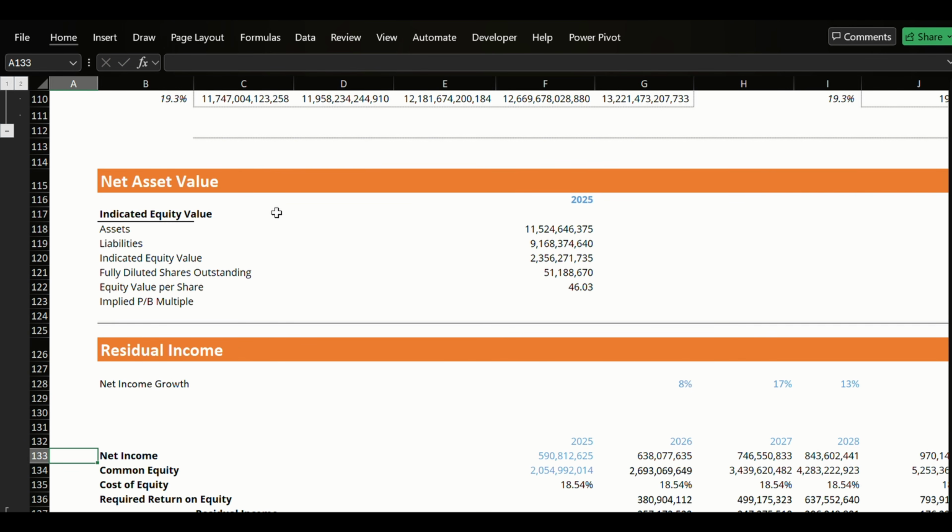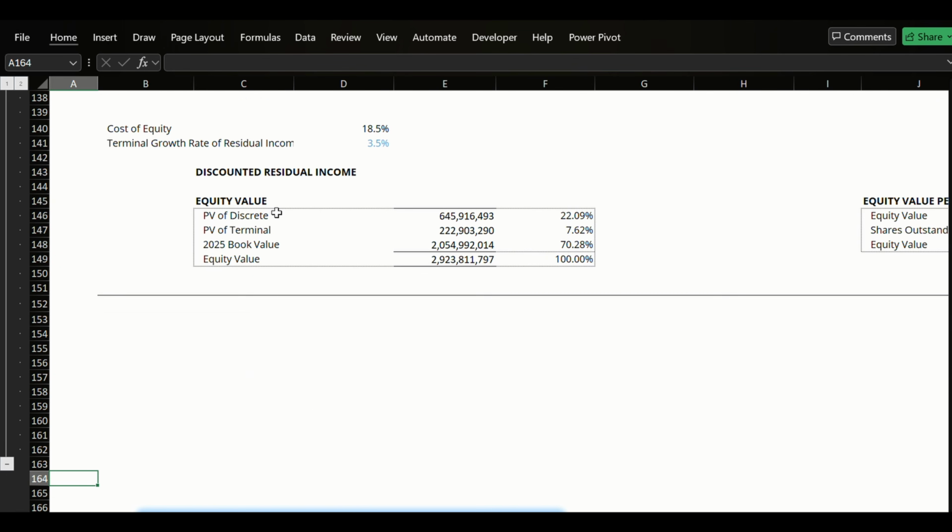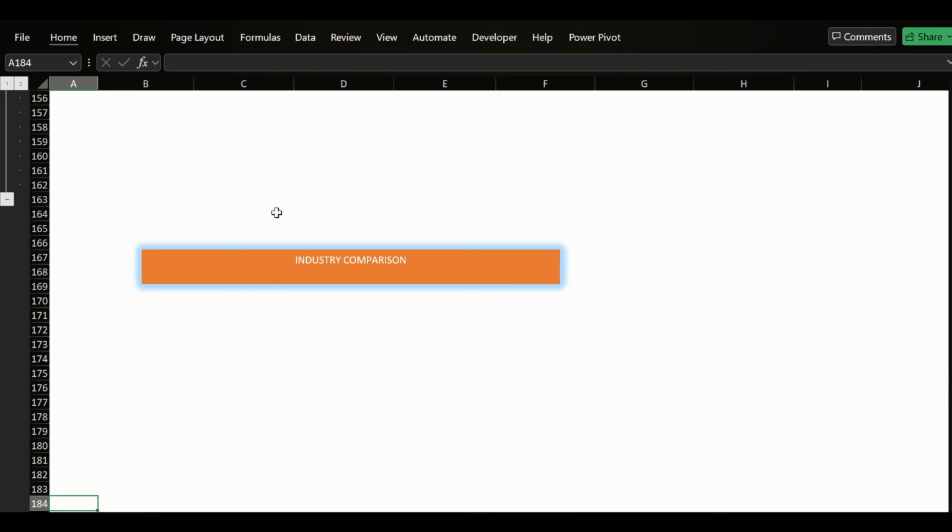So for this case, since this is a bank, this is where I will make the decision from, not even anywhere else. Speaking of industry comparison, this is where the comps valuation comes in, and then the precedent transactions.